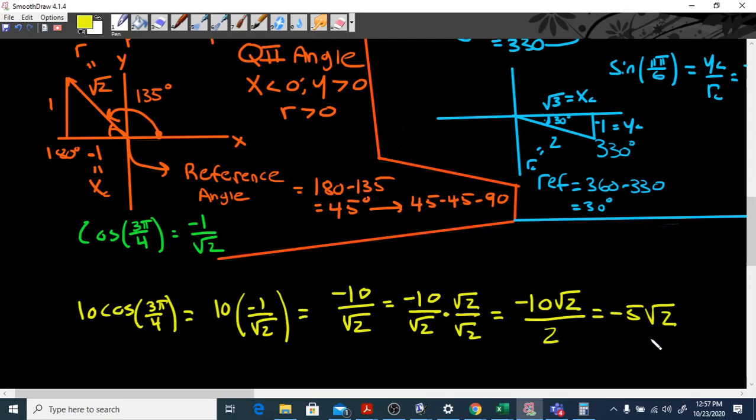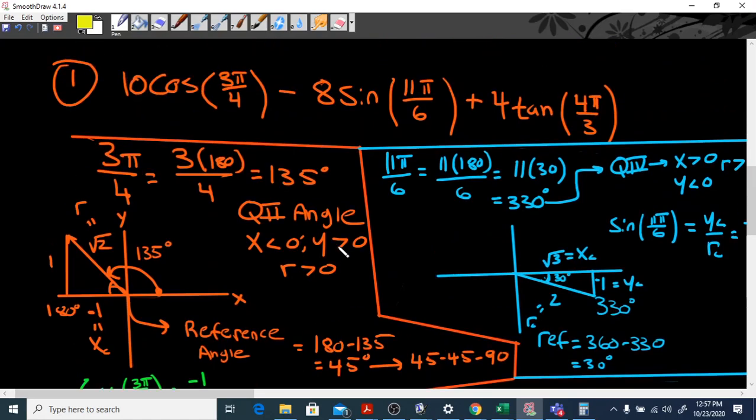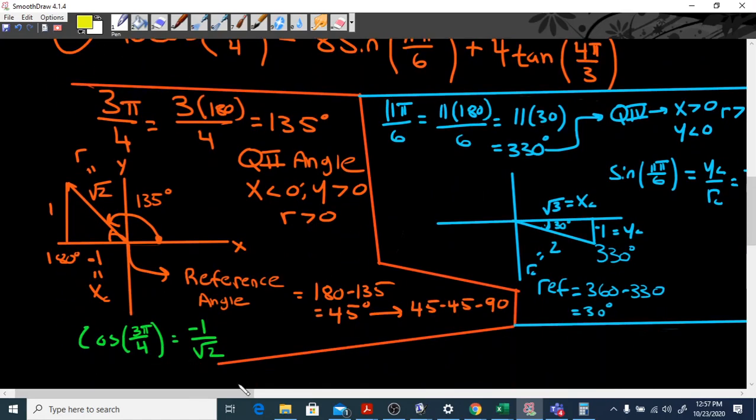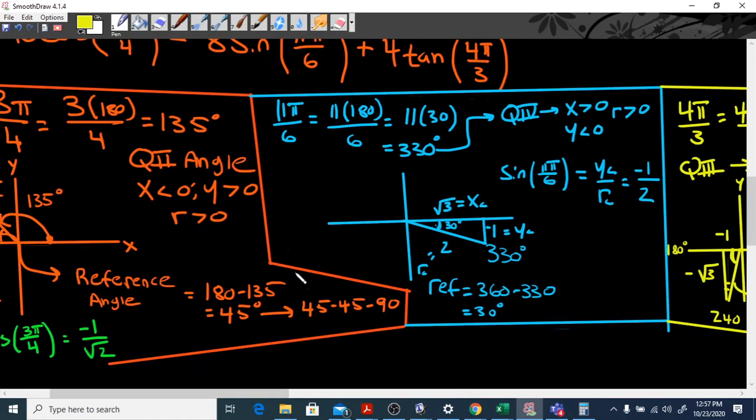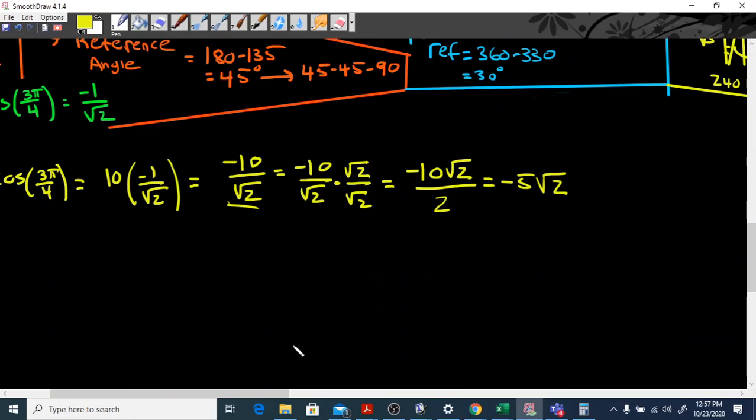So either one of these are perfectly fine. 10 over square root of 2 or negative 5 square root of 2. These are both the same. Okay, now for the sine of 11 pi over 6, we get negative 1/2. So we have negative 8 times negative 1/2, okay?